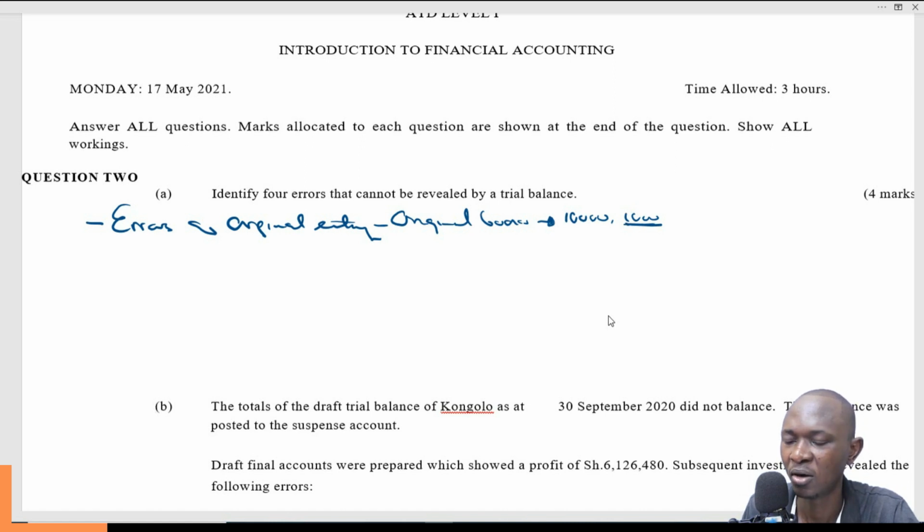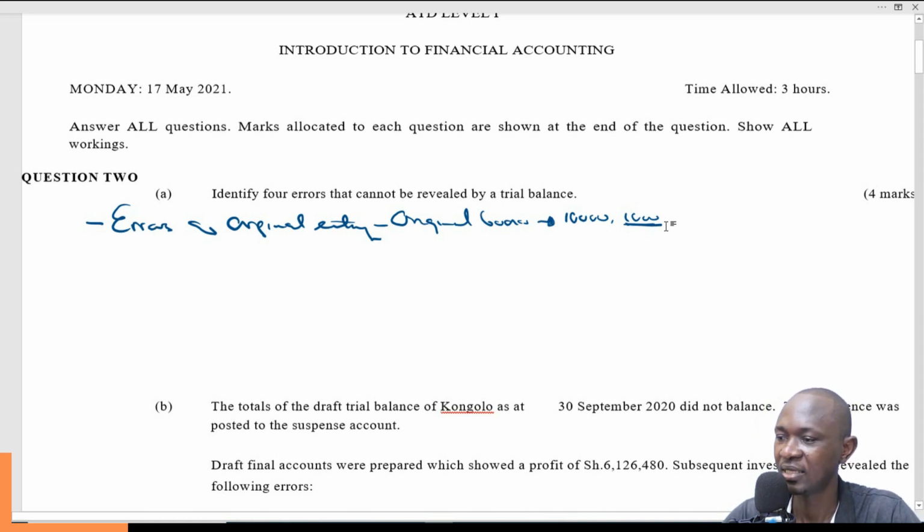If it's a normal sales transaction, we will credit sales with 1,000 and debit either cash or the debtor with 1,000. So debit is 1,000, credit 1,000. They will balance. But is 1,000 the correct figure? No, the correct figure was 10,000. So there is an error, but the trial balance will not be in a position to reveal it.